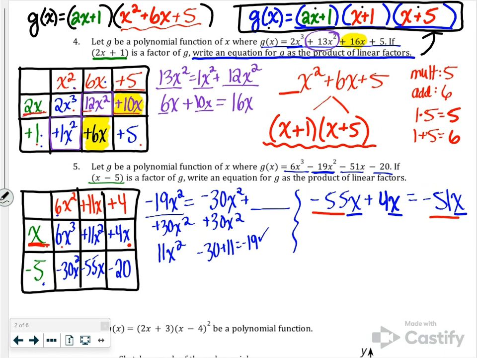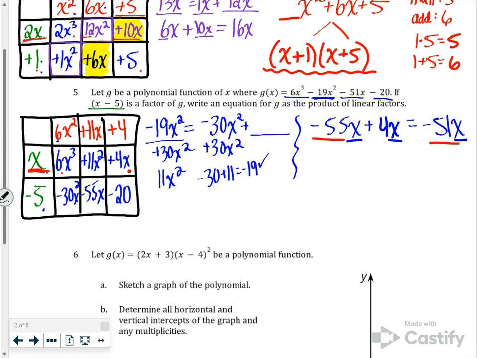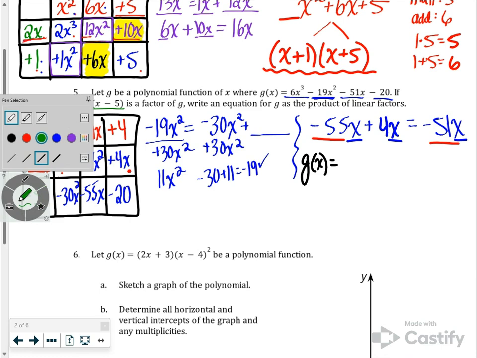So from here, we can start rewriting this polynomial. We know that g of x is going to be equal to, computer's freezing. There we go.